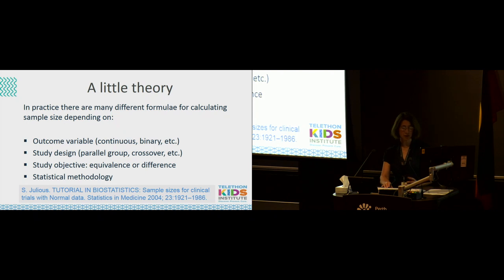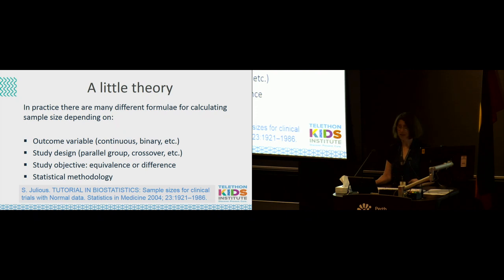The study design may be a parallel group or a crossover. You may be looking at longitudinal analysis or survival analysis, proportional odds. Then there's your study objective. So far I was looking to detect a difference, but you may be looking for non-inferiority or equivalence. And the underlying statistical methodology you use itself determines the appropriate formulae to use.